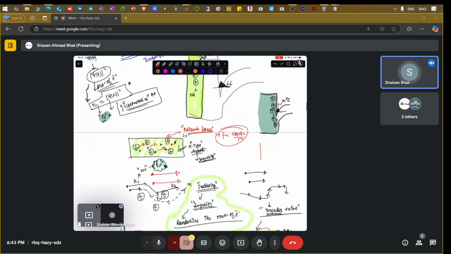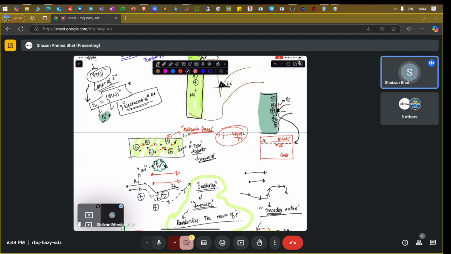At the device level, this is the AlGaAs and this is the GaAs, and this region is the two-dimensional electron gas. The electron can move in this direction. Let's consider the electron moving towards the right. What is going to happen if you don't have modulation doping?